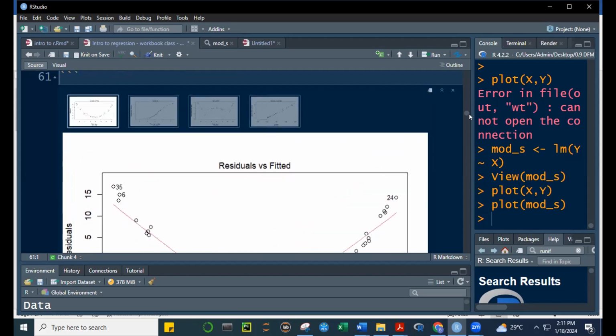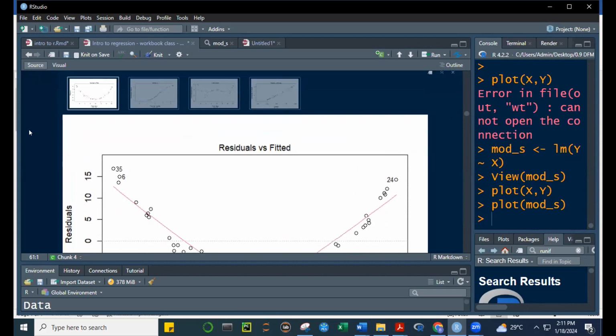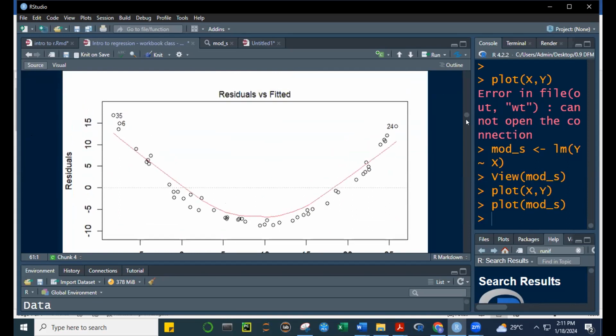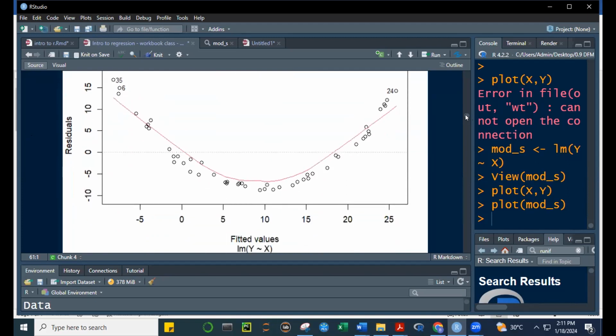So were you able to generate this plot? Actually, 5 plots ito, no? 4 lang yung default na pinapakita. Okay, what do you notice about this? You have a plot of your fitted values, your predicted values, this one, and your residuals.